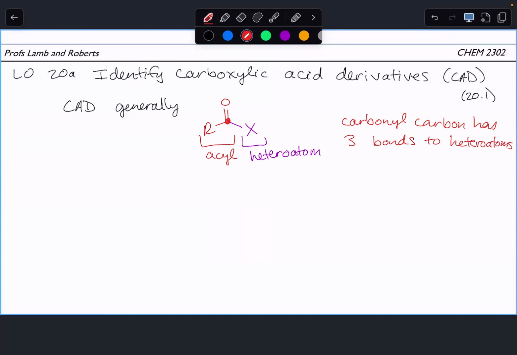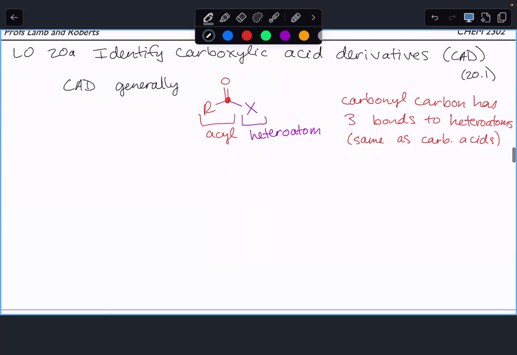So that carbonyl carbon is in a high oxidation state because it has a lot of carbon-oxygen or carbon-nitrogen bonds. This is the same number of heteroatom bonds as carboxylic acids. That's why they're called carboxylic acid derivatives, because they have the same number of carbon-heteroatom bonds. So let's look at some examples of this.